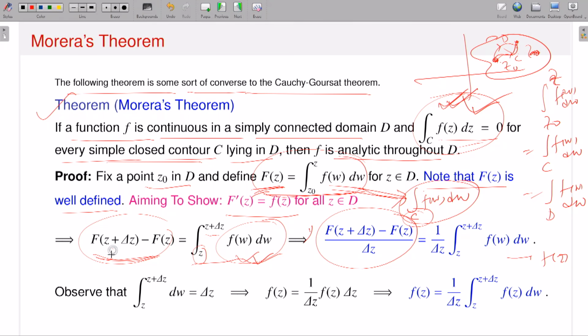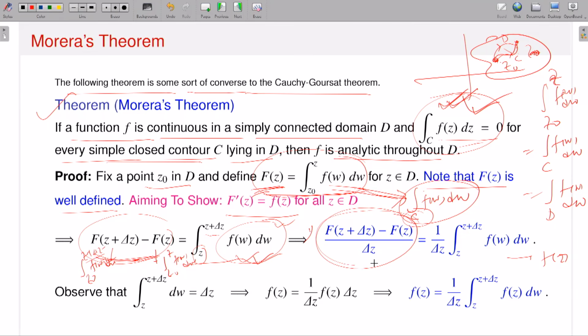So therefore you will have the expression here. That means this is actually the integral from z0 to z plus delta z of f(w) dw minus the integral from z0 to z of f(w) dw. But this difference is exactly equal to the integral from z to z plus delta z, by using the properties of contour integrations.